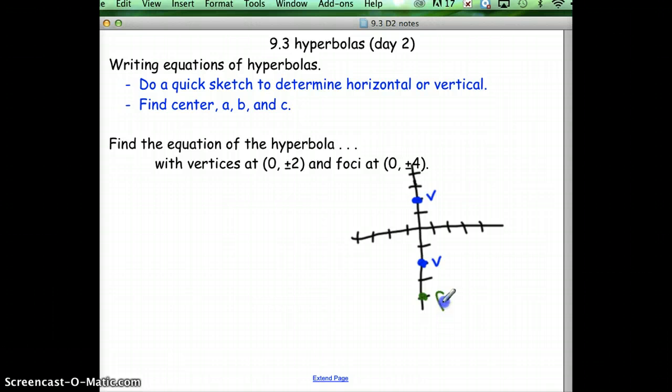So there's a focus down there and a focus up here. The parabola shapes are always eating the focus, so I know that it's opening up and down.